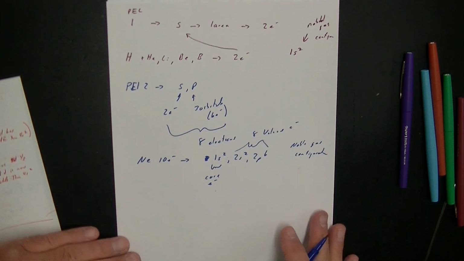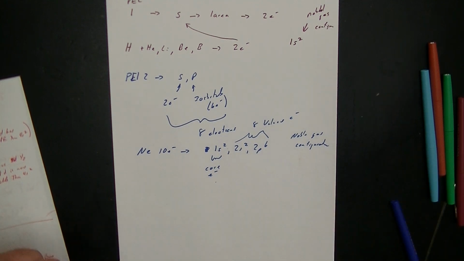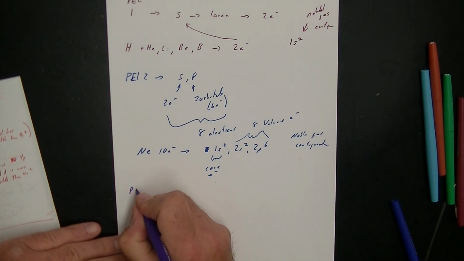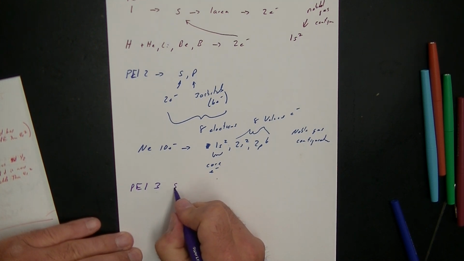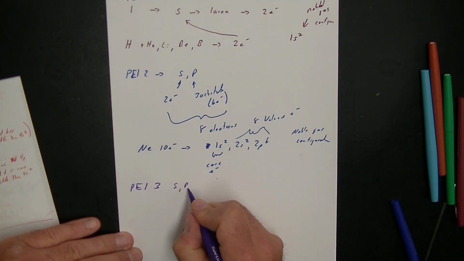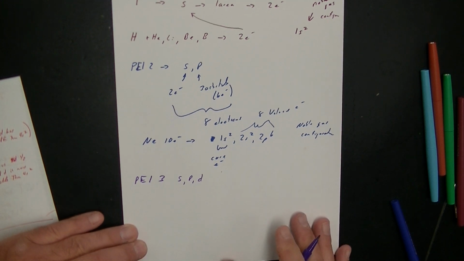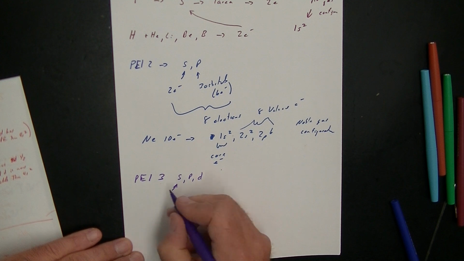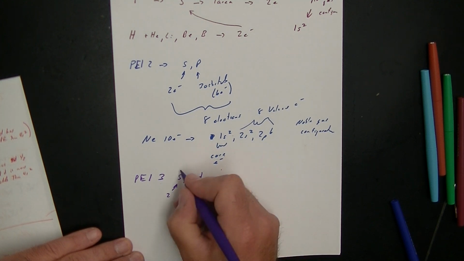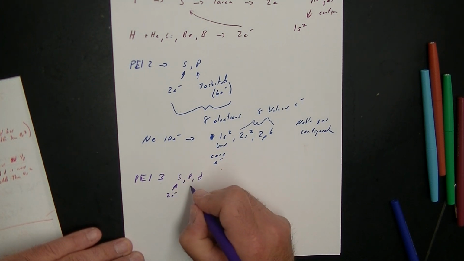If we look at my third principal energy level, it has an S, a P, and a D. Now the S can hold 2, because it only has one area of space.